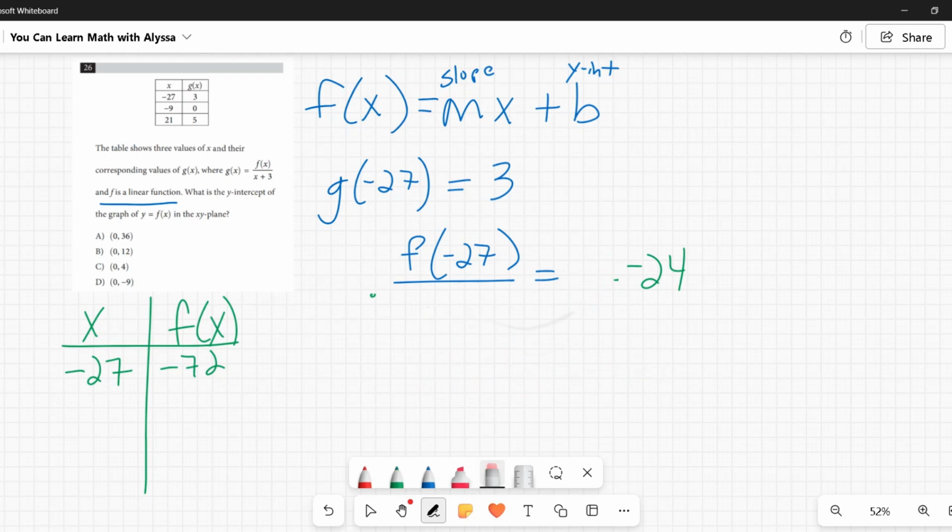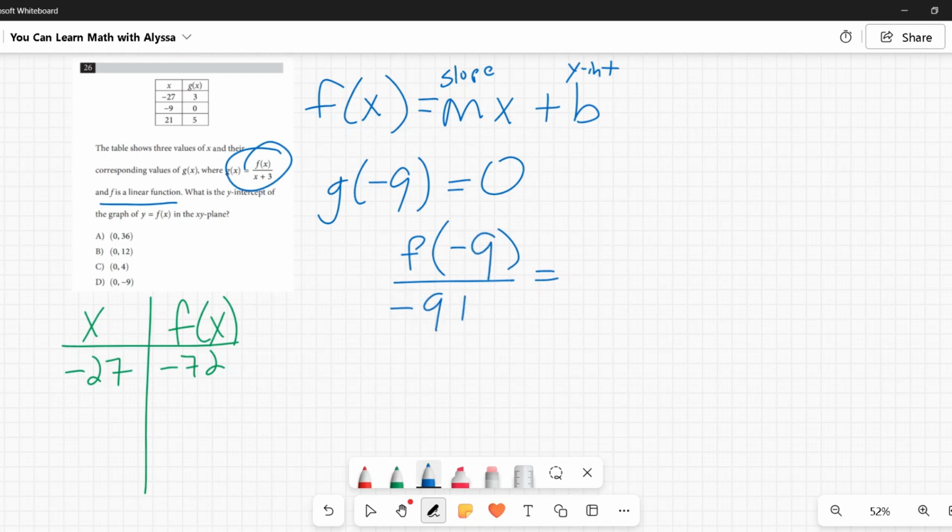Okay, so the next one says that when x is negative 9, g of x is 0. So I'm going to plug that in here. f of negative 9 over negative 9 plus 3 equals 0.